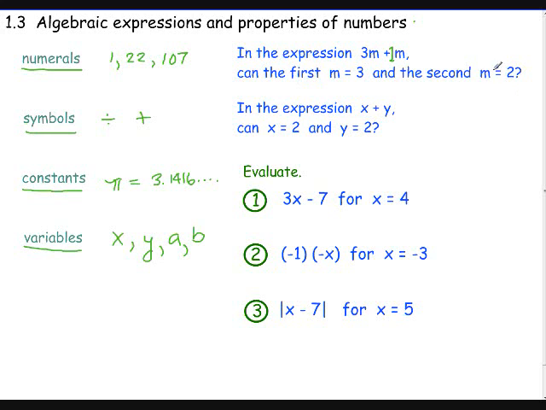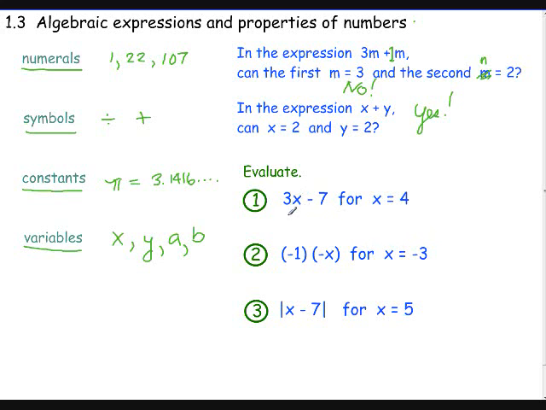If we actually needed this to take on a second value, then we would use another variable. So the answer is no. In the expression x plus y, can x equal 2 and y equal 2? Certainly. It's kind of a coincidence that they're the same, but there's nothing to prevent them from being the same.